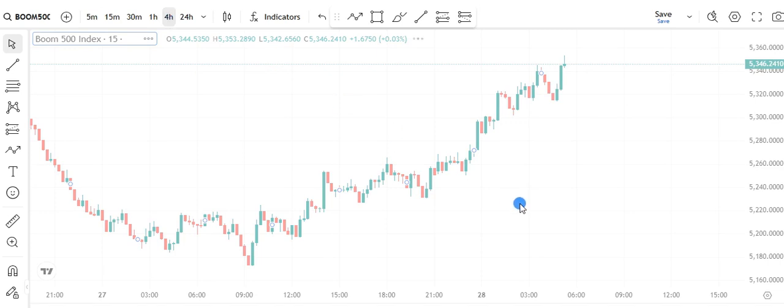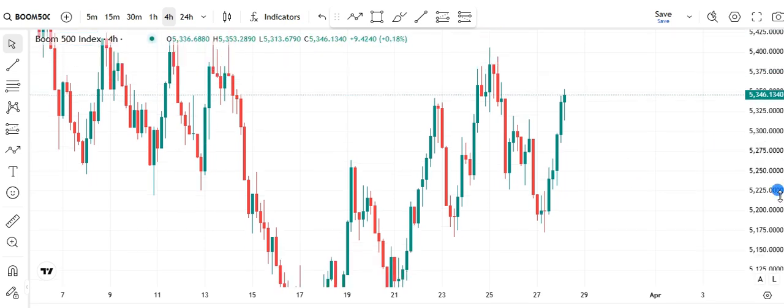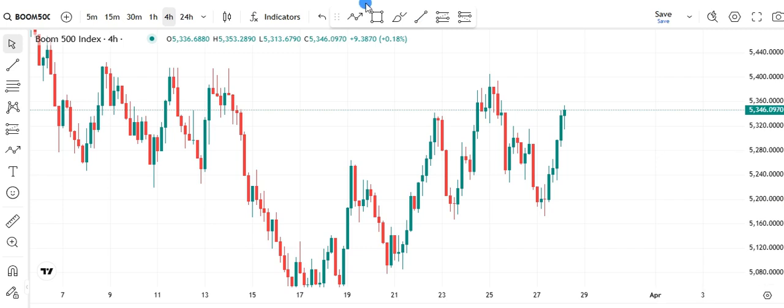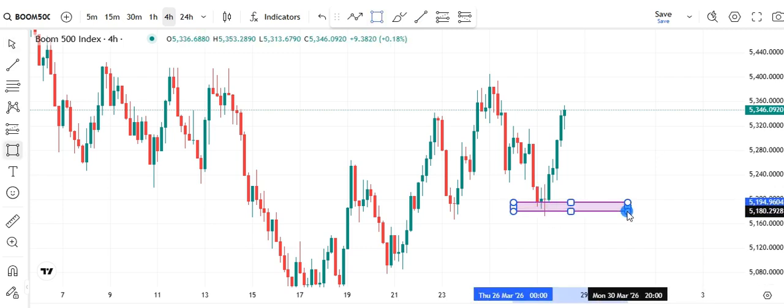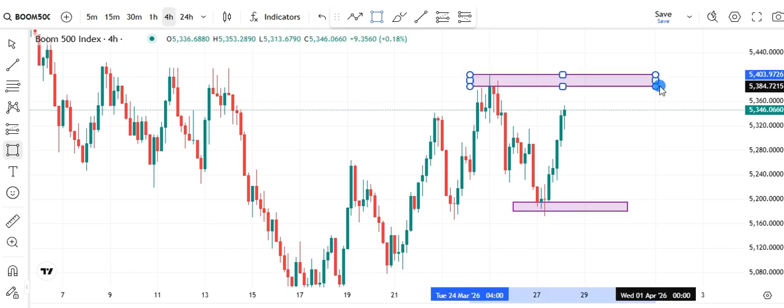Let's do the 4-hour charts. I can see it's currently looking bullish. After testing this level, this is definitely the next level we expect it to get to.